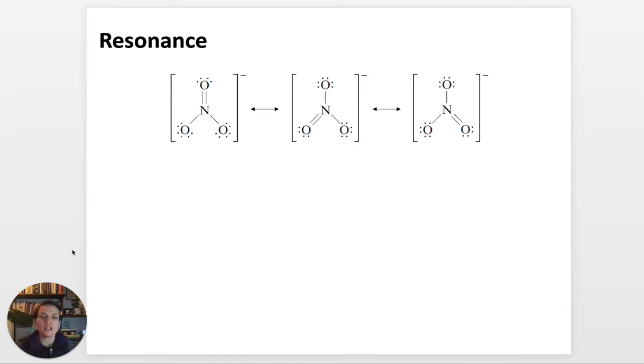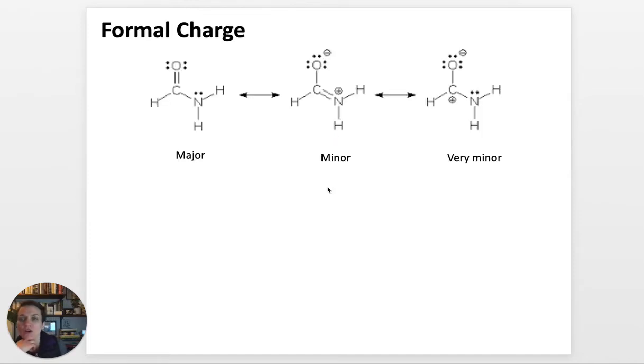So resonance is this idea, electrons can move if you have double bonds and lone pairs and you draw a Lewis structure, and there's 2 different ways to draw it. Just ask yourself if you're following all of the rules of Lewis structures. Is this just a resonance structure? Okay, so formal charge is another big concept. And formal charge is something that we're only capable of figuring out when we draw a Lewis structure.